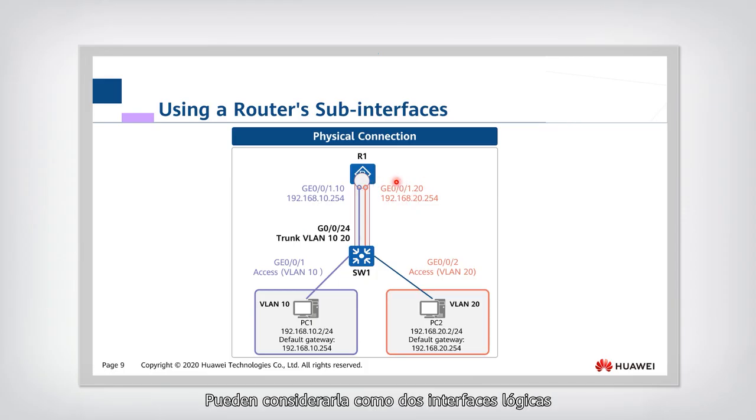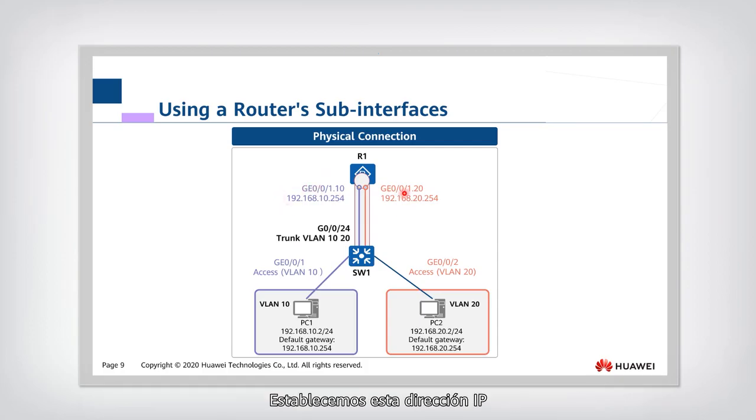You can think of them as two logical interfaces. They have different sub-interface numbers: one is .10, another is .20. And different sub-interfaces have different IP addresses.